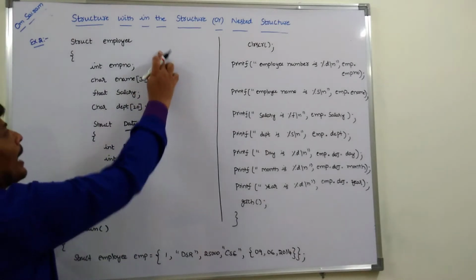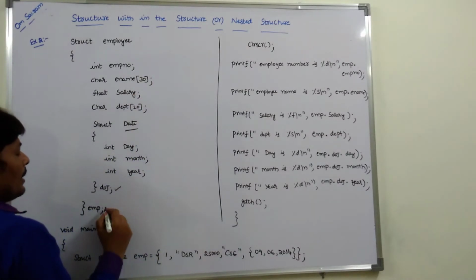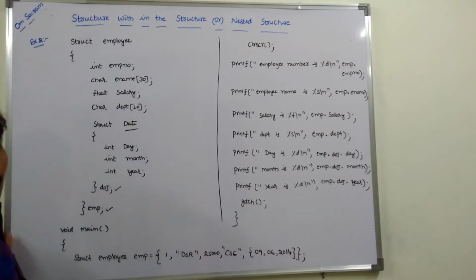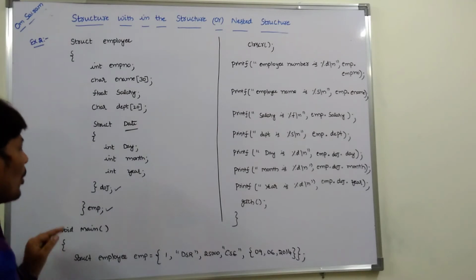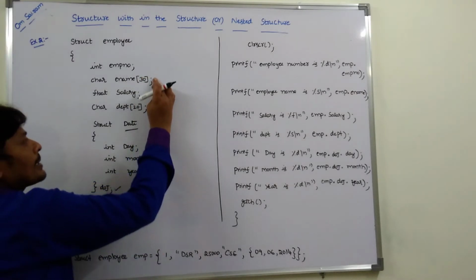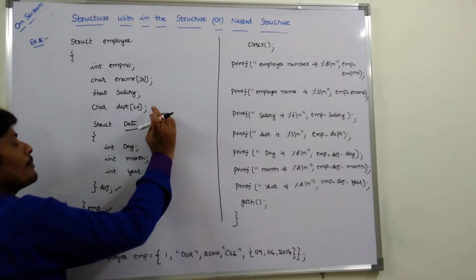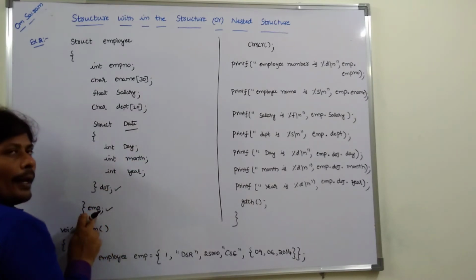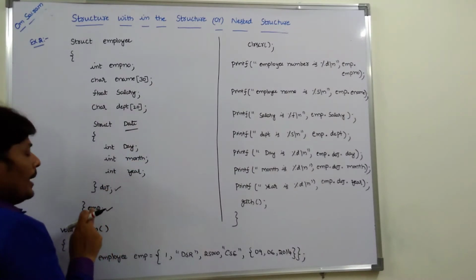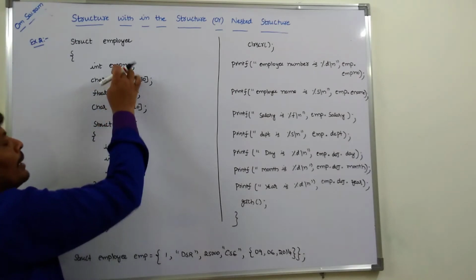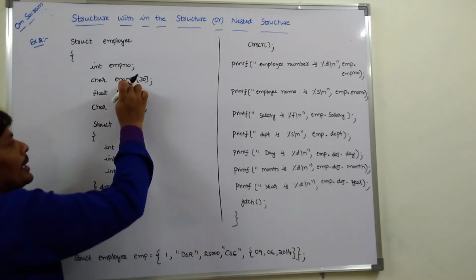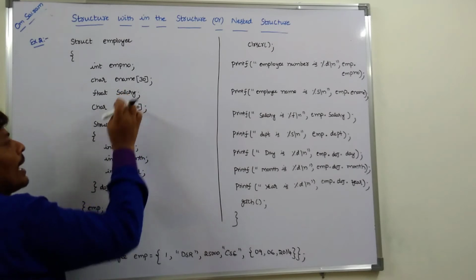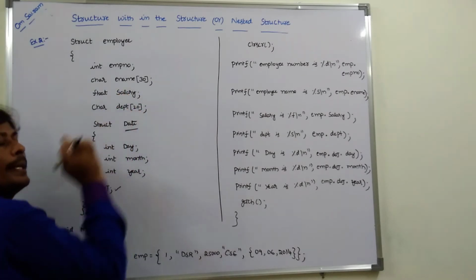For the entire structure we can create a variable called emp. Now we have to access these four members by using the variable emp: emp dot emp number, emp dot ename, emp dot salary, emp dot dept.